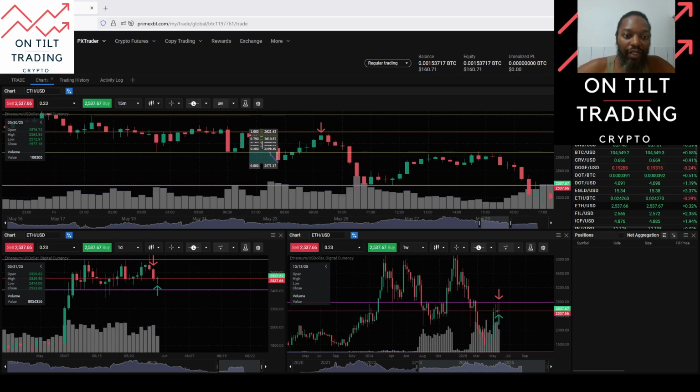These yellow lines that you see here are the New York pre-market structural range. We can see in this candle here we get a break of structure, which would signal to me a higher probability of continuation in the downtrend.